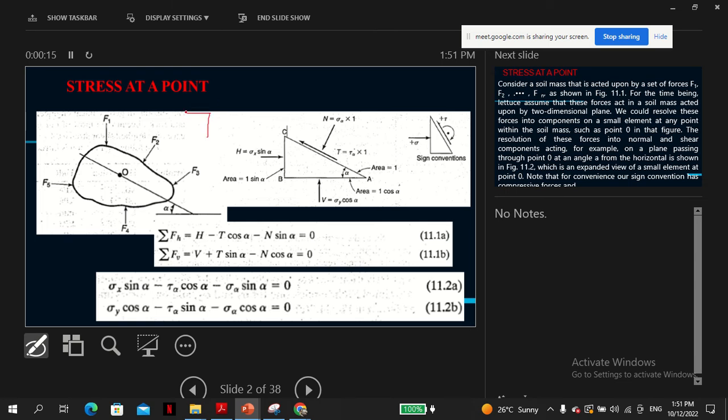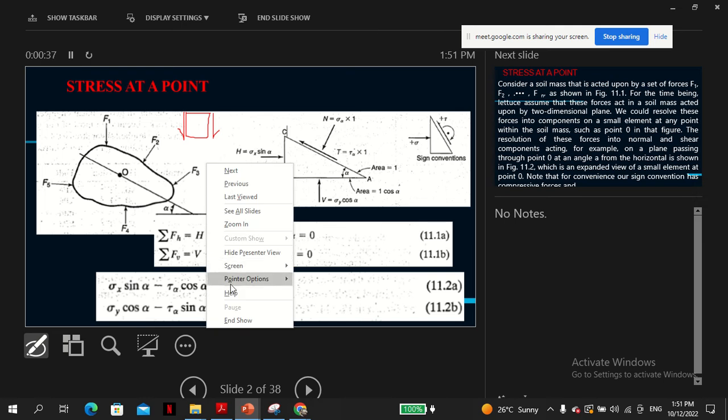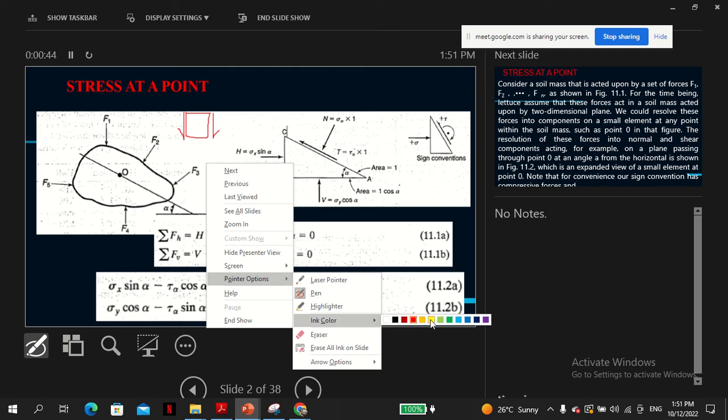I don't know if you've done this, but if this is an element, an elemental stress, these are shear stresses, or normal stresses. These are normal stresses. So for equilibrium, let me use a different pen, a different color.